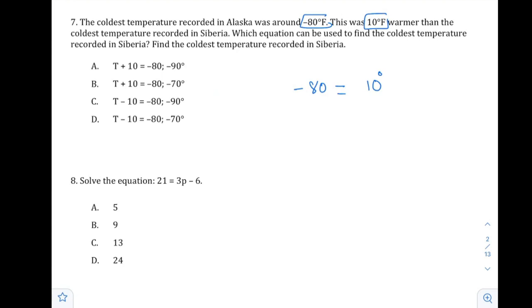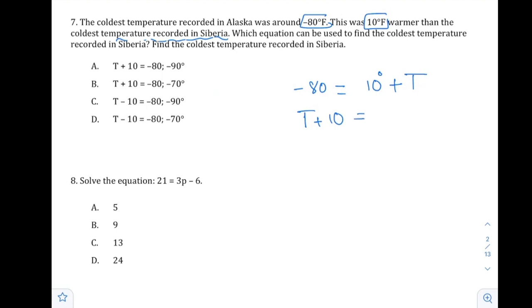Which equation can be used to find the coldest temperature recorded in Siberia? So here the temperature recorded in Siberia is not known, so we can name it T, X, Y, Z, whatever. They name it here T. We can say plus t because it's more than that. So in this case, we can rewrite it in a nicer way.